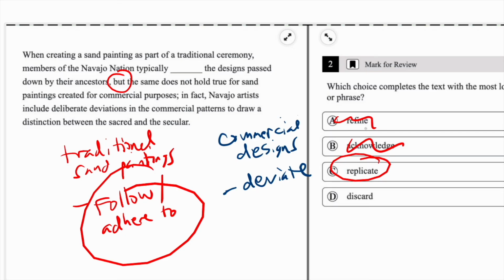Given that these words are generally going to be fairly far apart from one another, you're not going to have to choose between two really close synonyms. And then discard, if you discard something, you throw it away, and that would be more like the opposite of what we're looking for. If you discard the designs, you could say that's more or less the same as deviating from them. You throw them out.